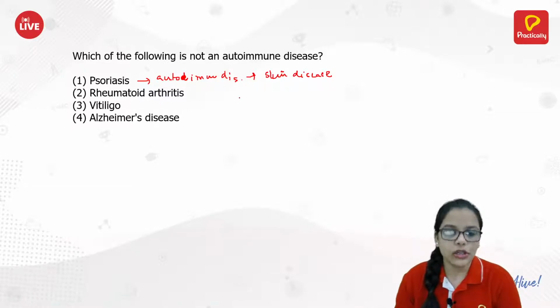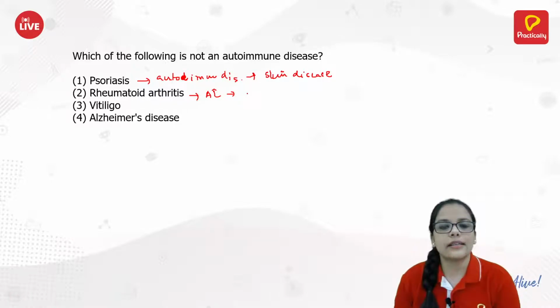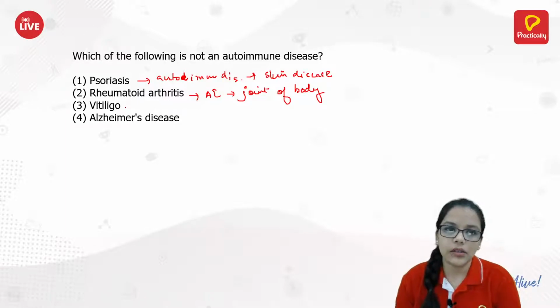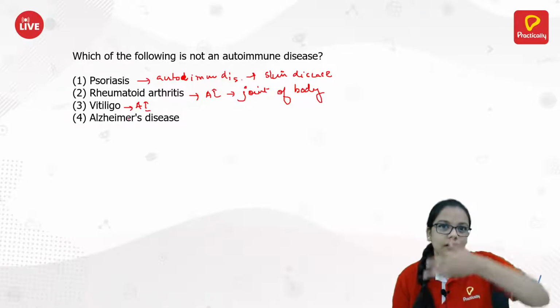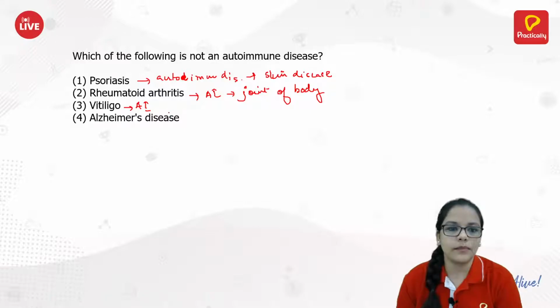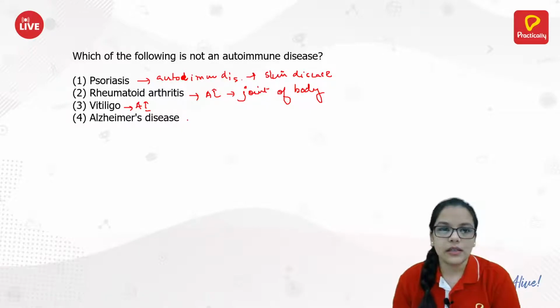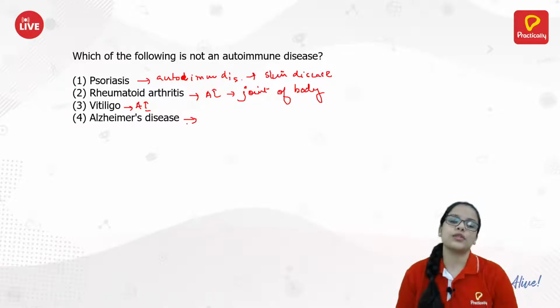Rheumatoid arthritis is also an autoimmune disease. What happens? The immune system attacks the joints of the body. Vitiligo is another autoimmune disease. There you get skin patches, etc. Alzheimer's disease is basically a disease which is caused due to disbalance in the neurotransmitters.